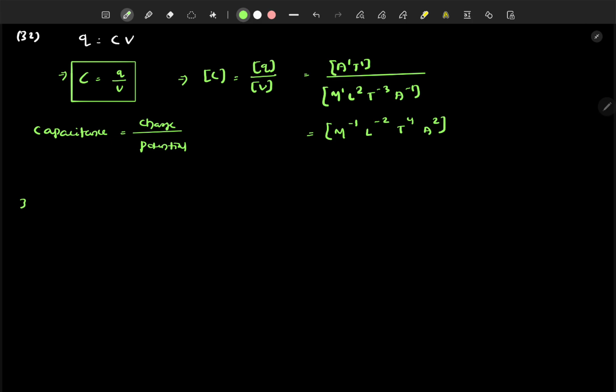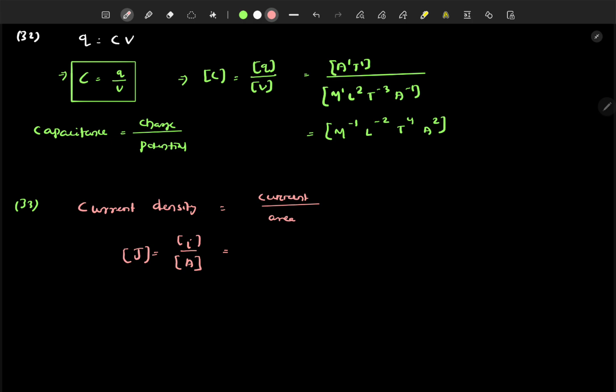Next come to quantity number 33, that is current density. What is its formula? Current density is electric current divided by area. So current density J is equal to I by A. So the dimension of J is equal to the dimension of I by the dimension of area.